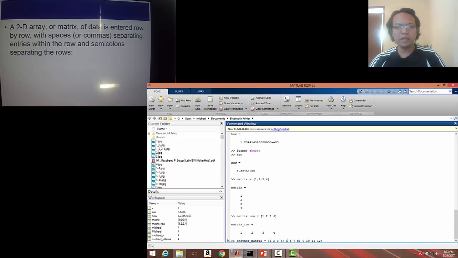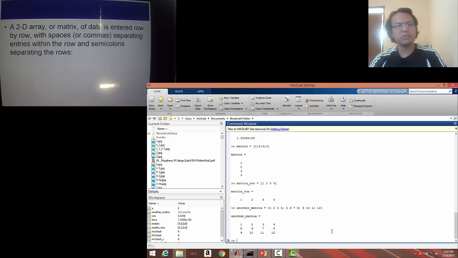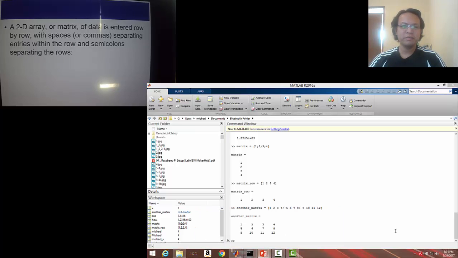Okay, so as you can see, it's very obvious. There are 3 rows and 4 columns. Here we go. So we hit enter. 3 rows, 4 columns, and that is a matrix. They are separated by this semicolon. All right, something like that.